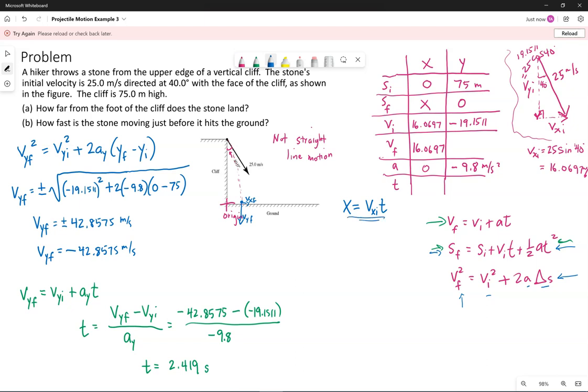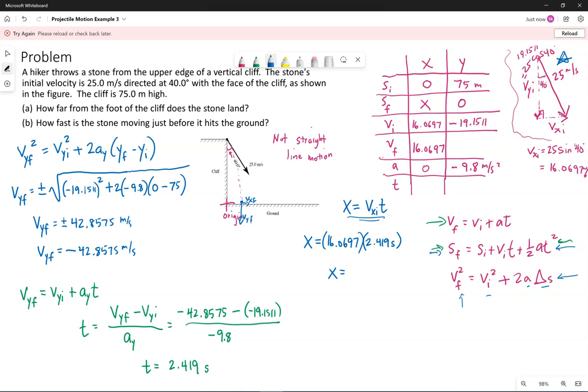So now to answer part A, I'm going to come back. I know the horizontal distance traveled depends upon this initial velocity in the x direction, which we've already calculated back when we were setting up the vector, the little right triangle that represents that velocity vector. We now have time, and so we can solve for that horizontal distance that has been traveled. I'm going to write our answer.